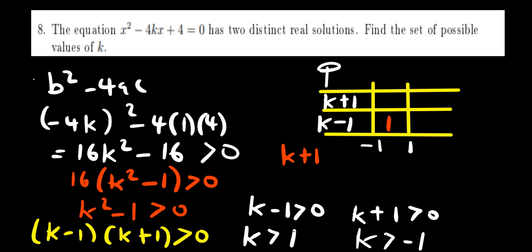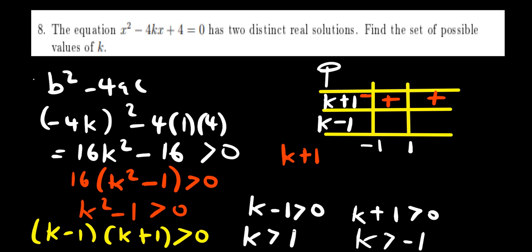So numbers greater than negative 1 give positive. But if I get a number less than negative 1, let me say negative 5, and put it there, I'm going to have a negative number. So this would be negative.